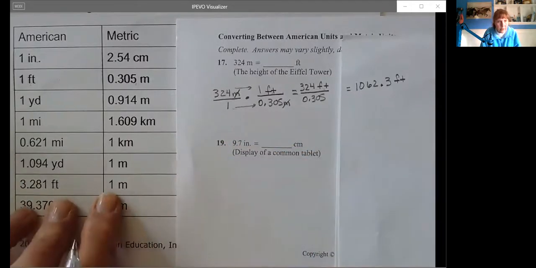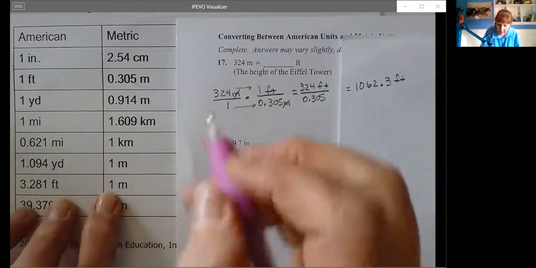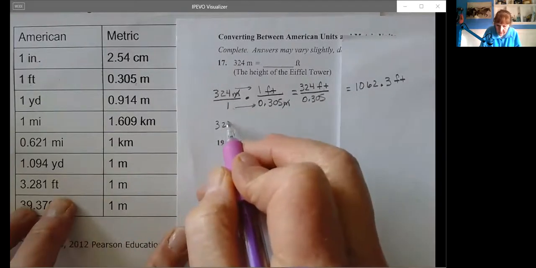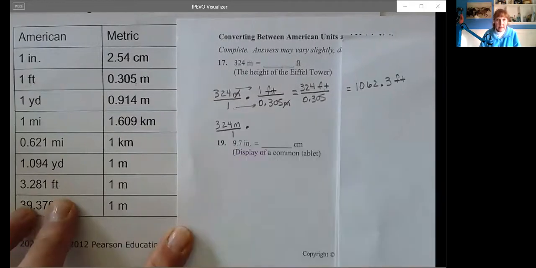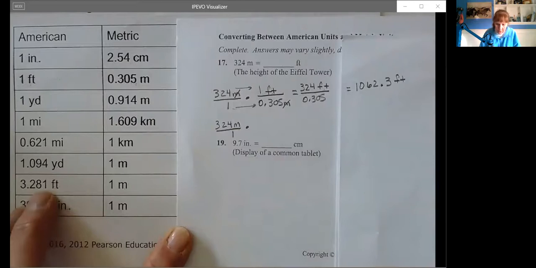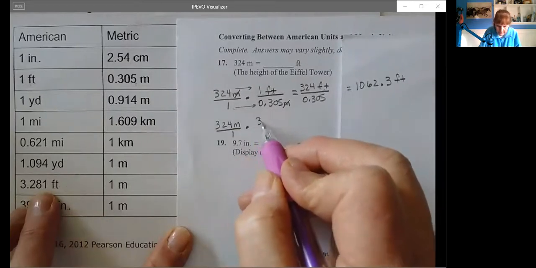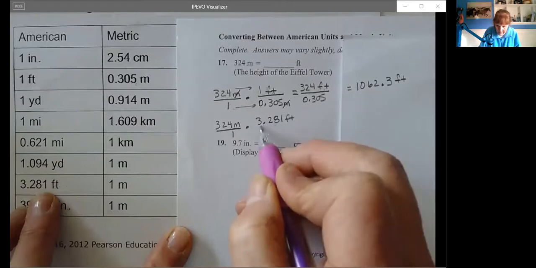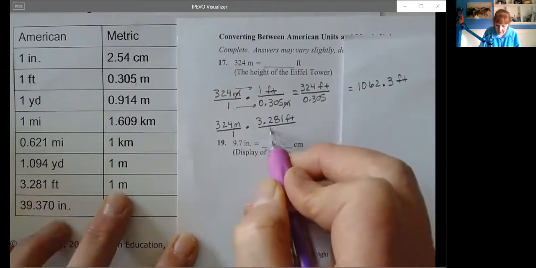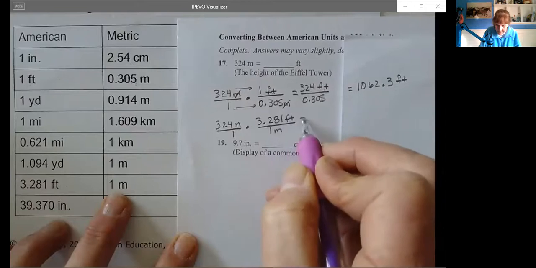Here's another unit conversion between the 2 units. We have 324 meters over 1 times, here I want feet, 3.281 feet over 1 meter.